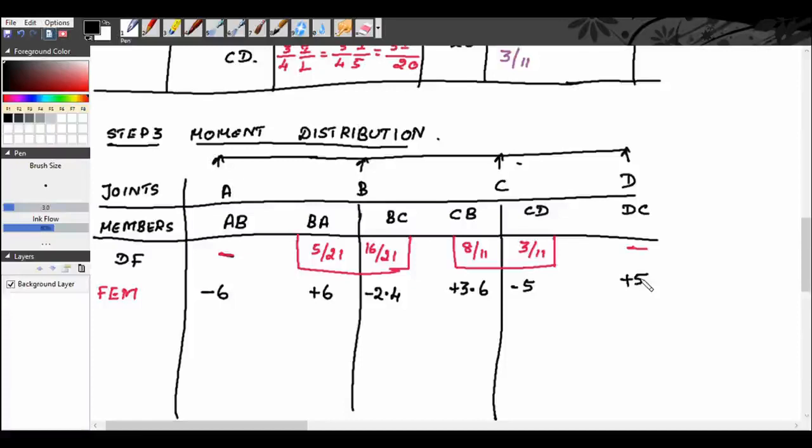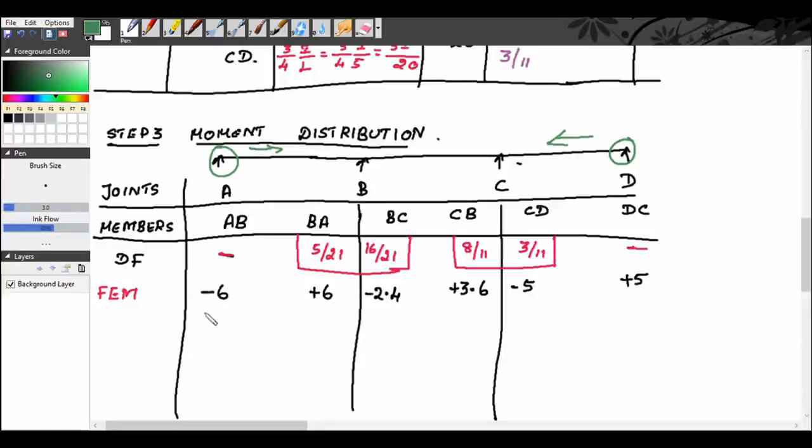Here, because the ends are simple supports, if at least one extreme end is a simple support, you can see that end support A is a simple support and end support D is also a simple support, then you have to do a step so that the moment at the extreme hinged support will be transferred to the nearer support. That is called release.